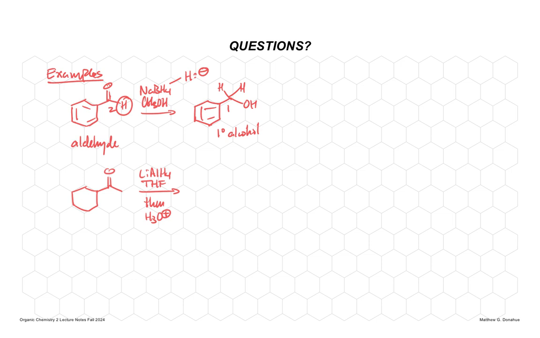So if we look at the second case, we're starting with a ketone. Again, oxidation state 2, but this time we're going to use lithium aluminum hydride. If you notice the substituents bonded to the carbonyl carbon, they're both carbon. And then you're adding an H, so this has to end up as a secondary alcohol.